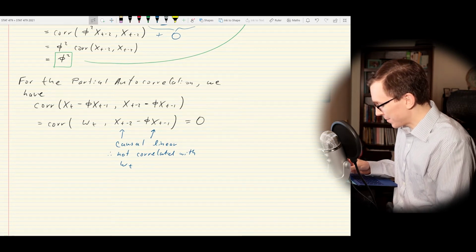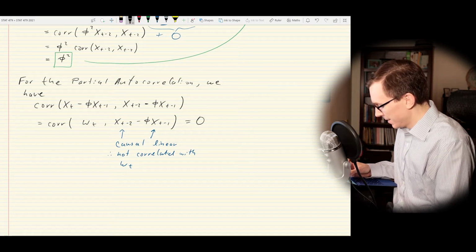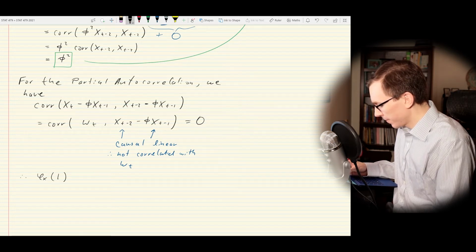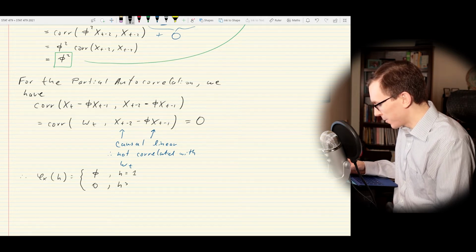So we can take this further, but therefore, for the AR1, we get something that's going to look like this. We get the correlation at lag 1, which is just going to be phi, and then 0. So this is H equal to 1, and this is H greater than 1.